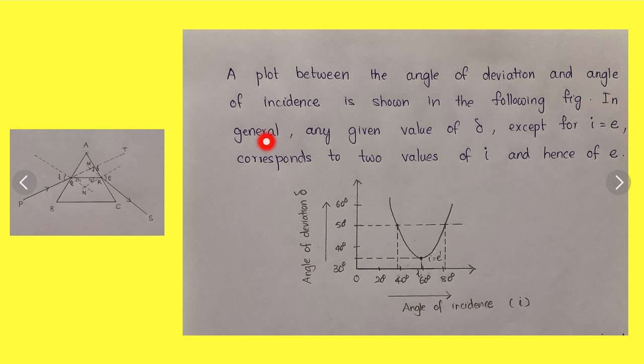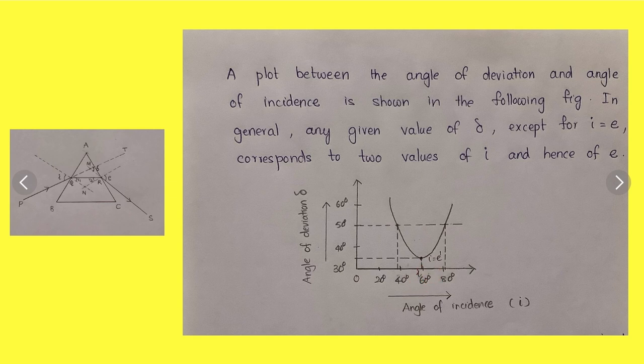So, in general, any given value of delta except for I equal to E corresponds to two values of I and hence of E. Okay, so that is what I have explained here. Now let's proceed.